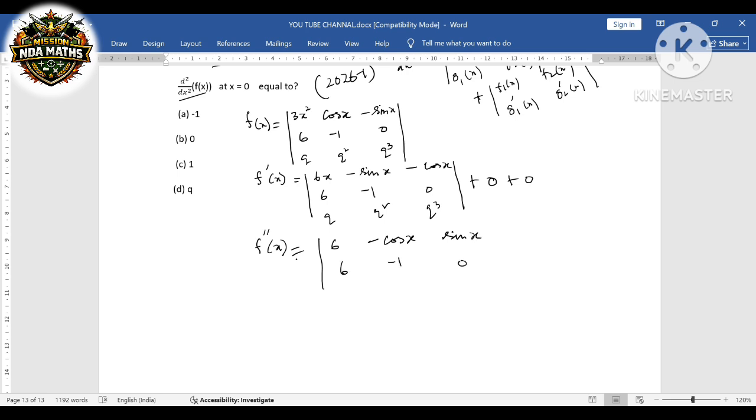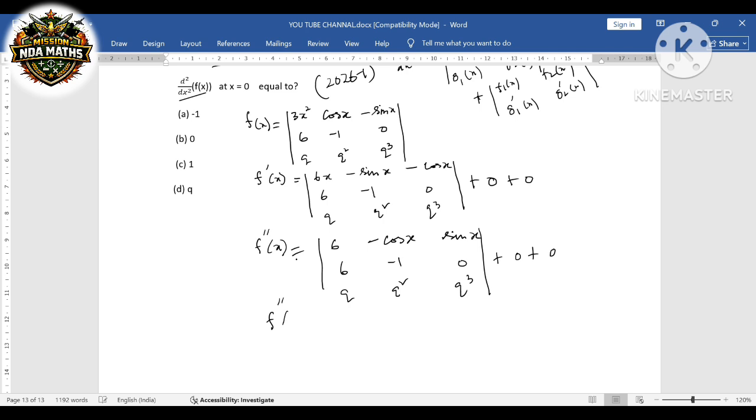The second and third rows remain the same. If I differentiate the second row, all will be 0, so the determinant is 0. Similarly for the third row. All vanish, so this is the double derivative.